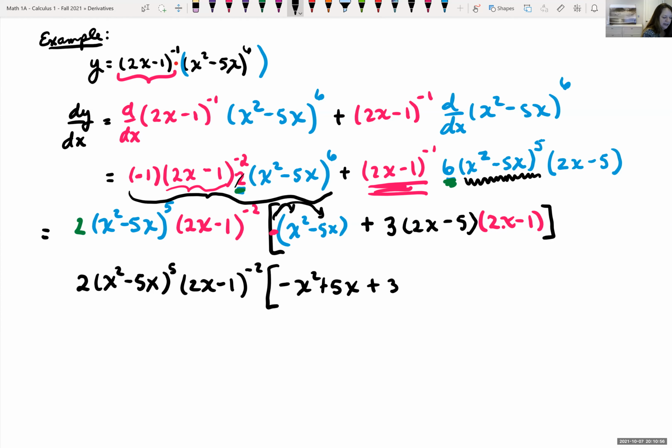Then we can distribute. I'm going to distribute out these 2 parentheses before I distribute my 3. A 2x times a 2x is 4x squared. A 2x times a -1 is -2x. -5 times 2x is minus 10x. And -5 times -1 is +5.